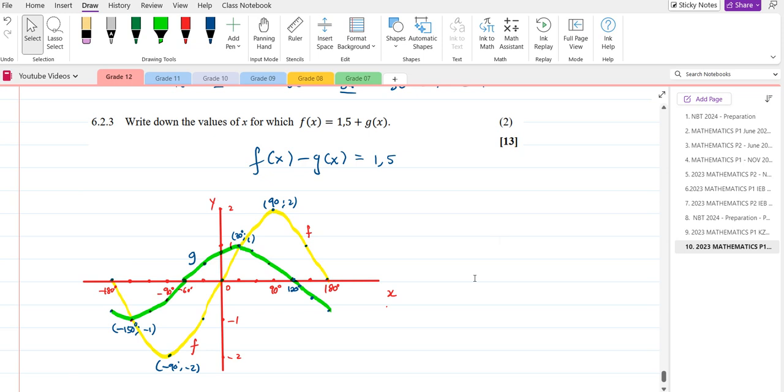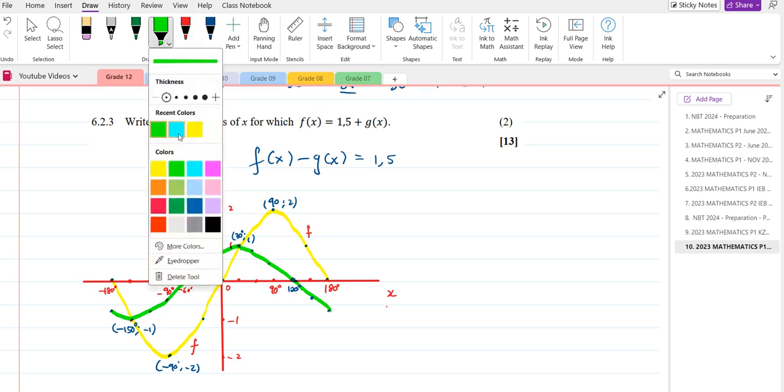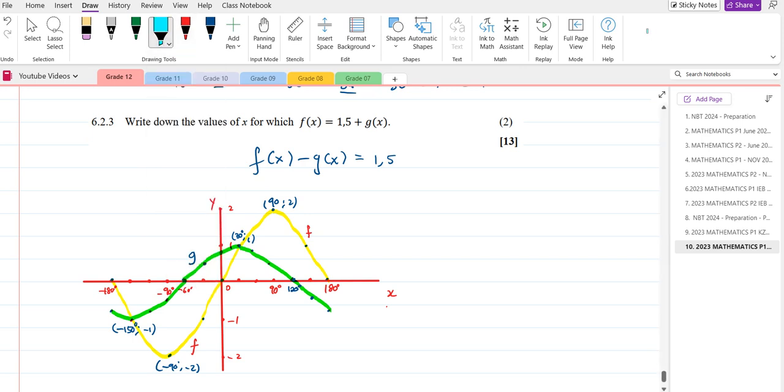I can see a point here between F and G. So there's a point on F. I can see the difference between the two graphs is here. Right, so I've got an answer for x which is equal to 150 degrees.